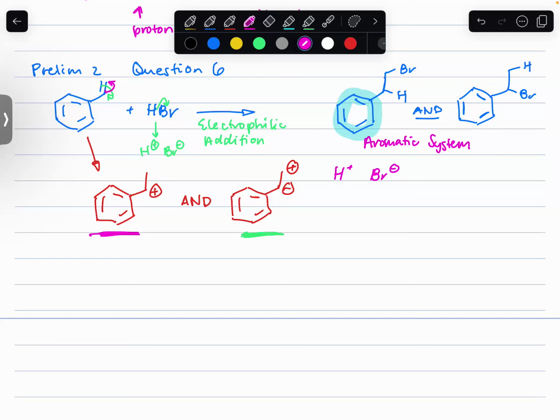So this will become these. And from here, our bromine can attack here, or on the other one, it can attack at the bottom. And so it makes two different molecules.